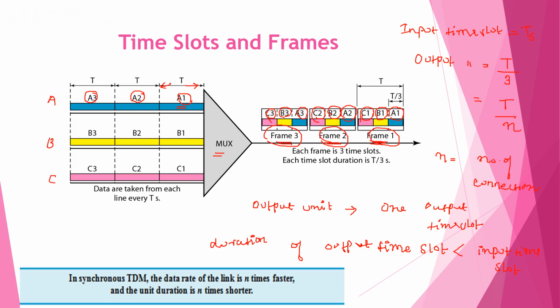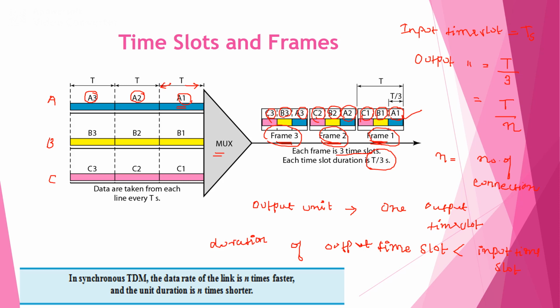So I can say that each frame is 3 time slots. Each frame occupies 3 time slots, and each time slot duration will be equal to t by 3 seconds. For example, A1 occupies one portion out of 3, that is t by 3 seconds.